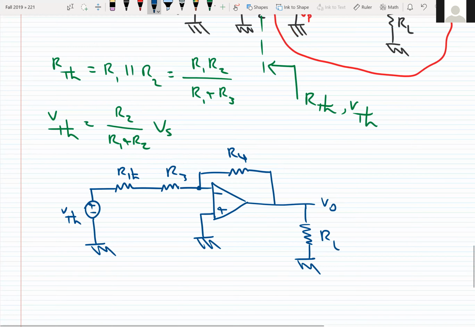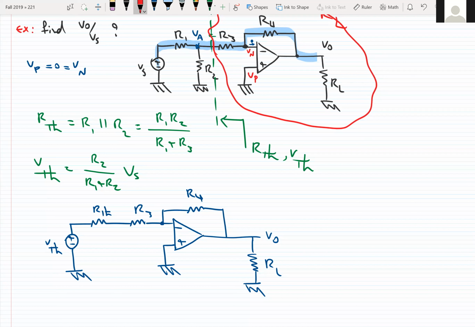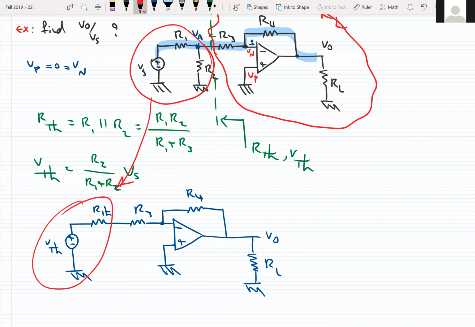Okay, that's it. The only thing I did was replace this part with this part. So I found the Thevenin equivalent and then replaced it.